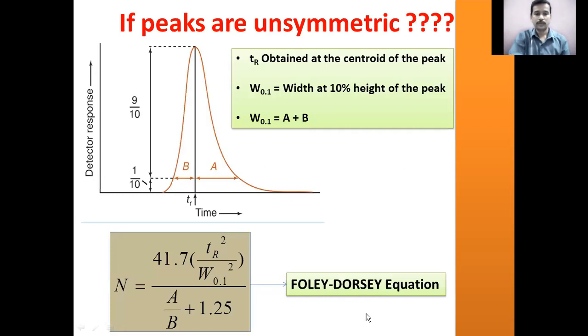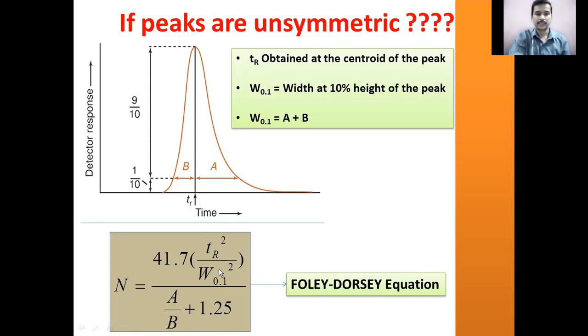Then how do we calculate? That is calculated by using the Foley and Dorsey equation. So that is this equation. You need not go through the derivation. So the number of theoretical plates for such unsymmetric peaks is given as 41.7 into TR square divided by W0.1 square divided by A by B plus 1.25, where TR is the retention time. As usual, you can obtain it from the peak point as it is interpolated to the x-axis.